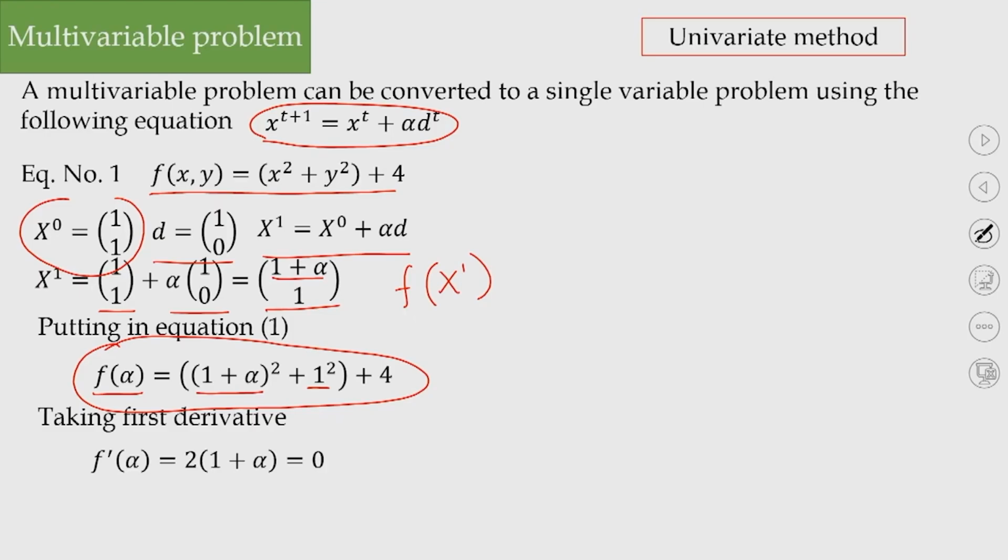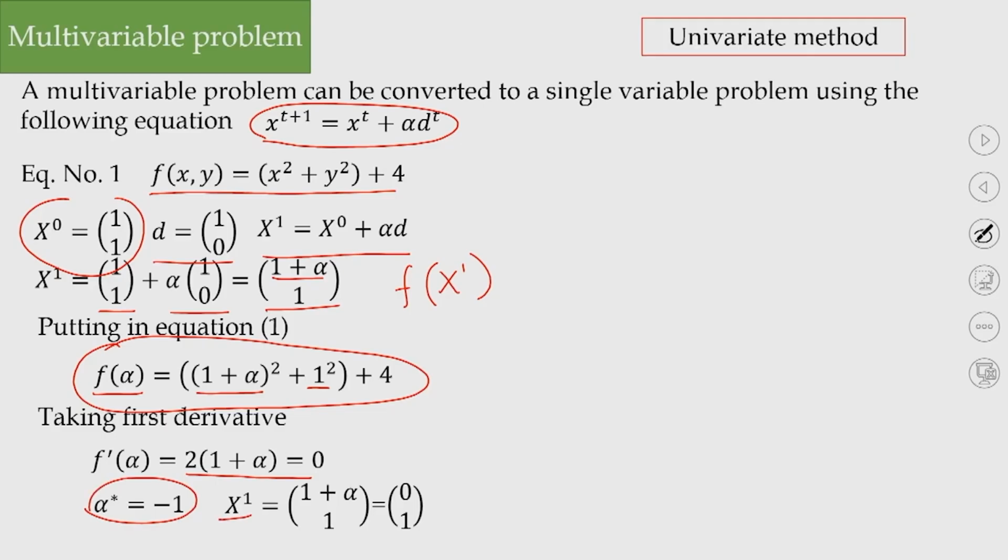That means, I will apply the necessary condition, that the first derivative should be 0. If I apply the necessary condition, then it will be 2(1 + alpha) = 0, and if I solve it, I get alpha star equal to minus 1.